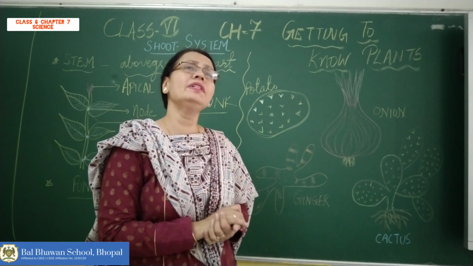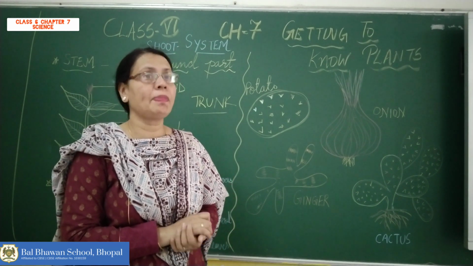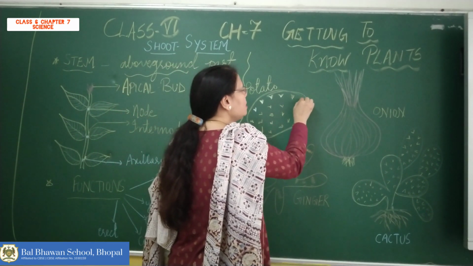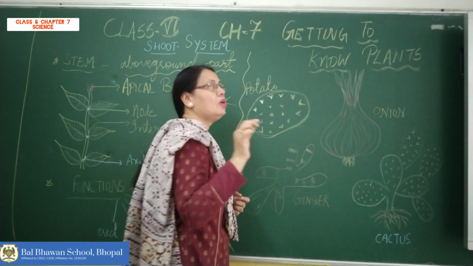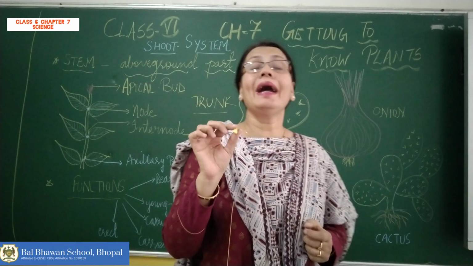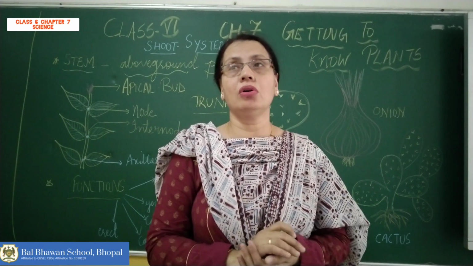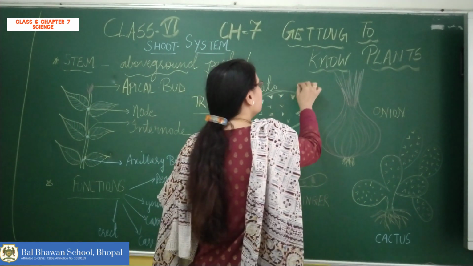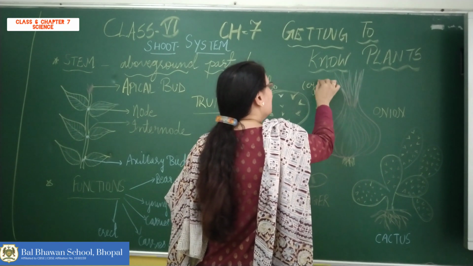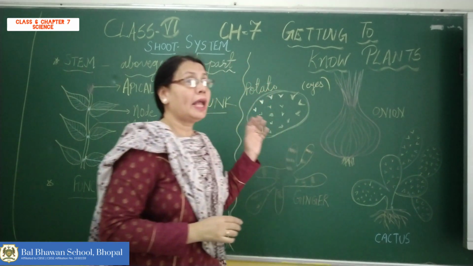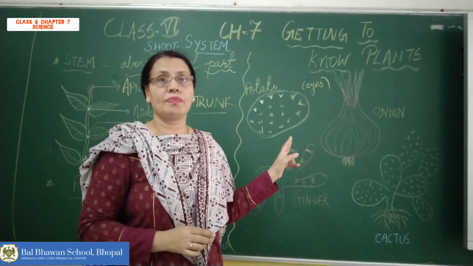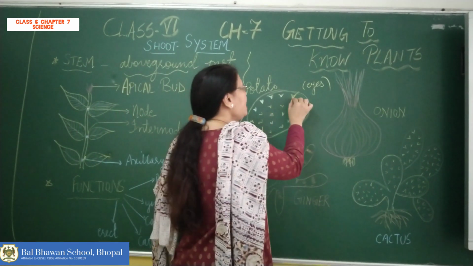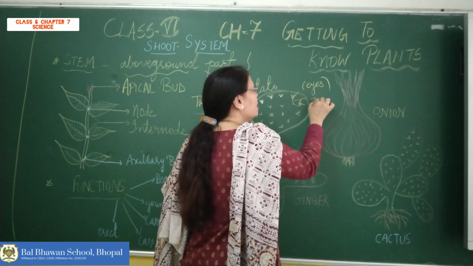Now, why do we say that a potato is an underground stem? It is because of the following reason. You must have seen the greenish, or brownish, eye-like structures which are present on our potato. Those structures are what we call the eyes. These are actually the nodes which are found on the stem, and the space between them is the internode.